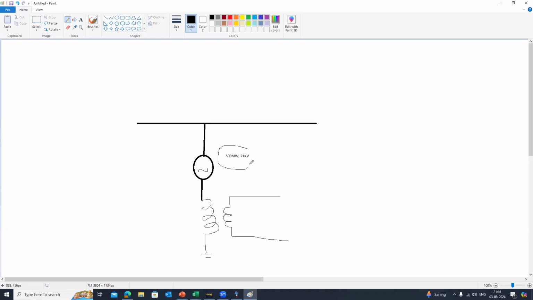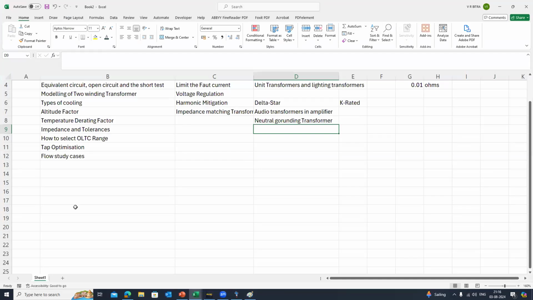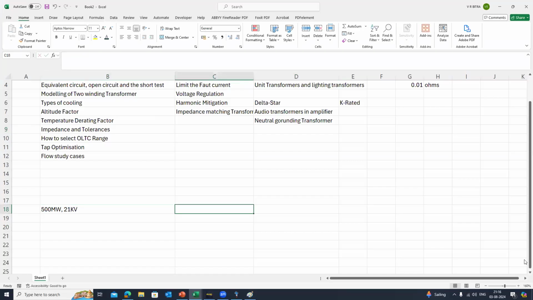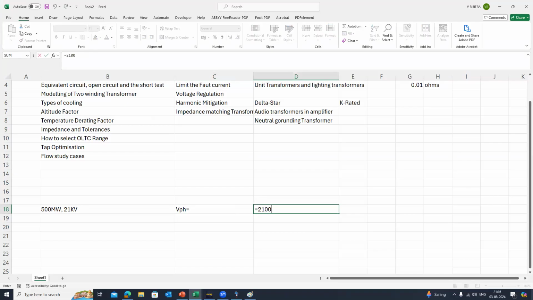Suppose this is a 500 megawatt, 21 kV generator. This is the line to line voltage, so what will be the phase voltage? Phase voltage will be V phase equal to 21 kV divided by 1.732. So this is the phase voltage of the generator, right?